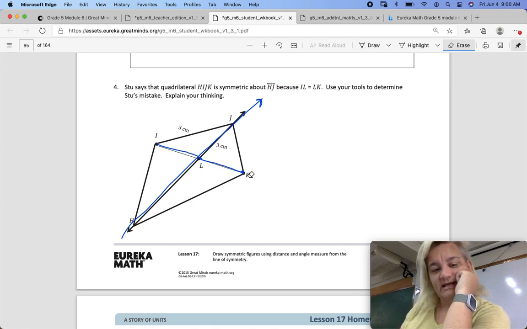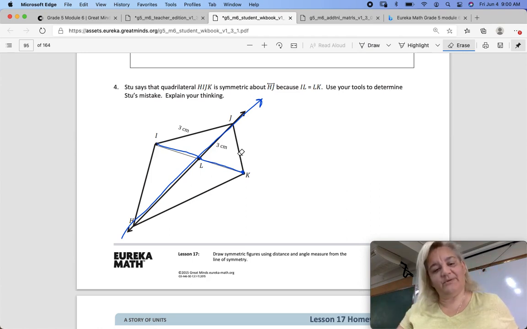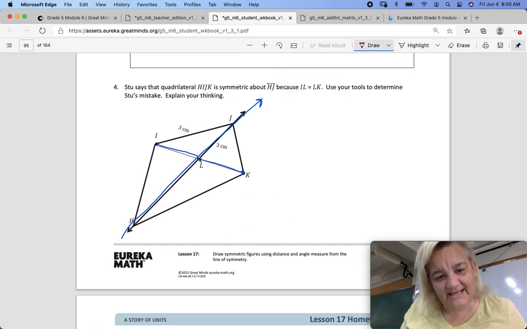Yes, I and K are the same size, but if I were to fold that together, I would not get the same shape, and I'm going to show you why. Okay, because I would need to make a 90-degree angle here. Let's see. In order to get K, right?